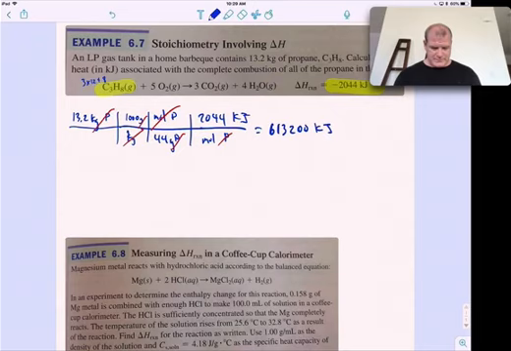How many sig figs do we have? We've got 3, so that equals 6.13 times 10 to the 5th kilojoules. So that's a lot of heat, a lot of energy.